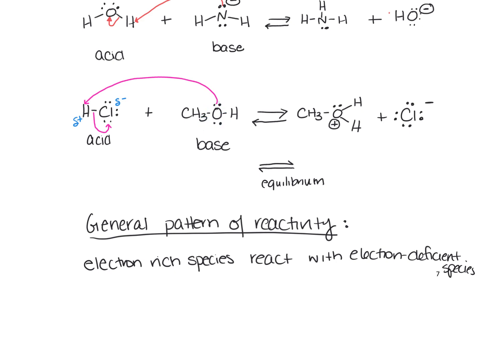Electrons have a lot of negative charge density there, and so they will come out and be attracted to the atom that's partially positive when it pulls that back, okay? And so that's what we're talking about. Acids generally are electron deficient, and that proton of the acid has that partial positive charge. And that's why acids and bases react with each other.